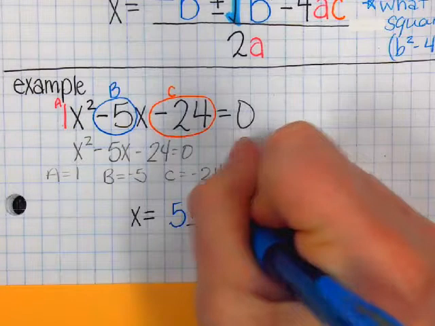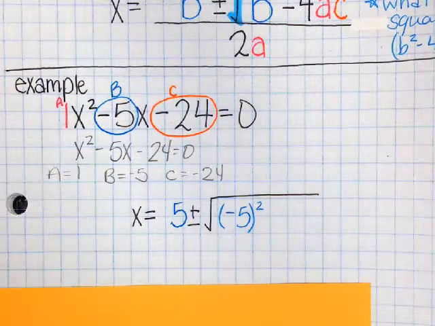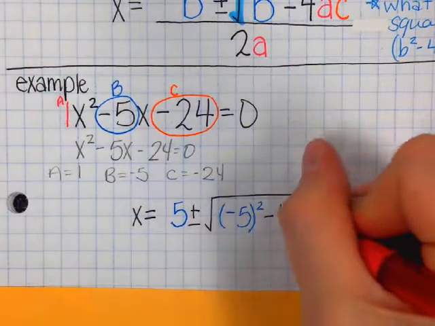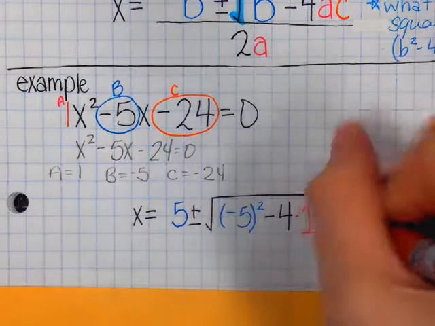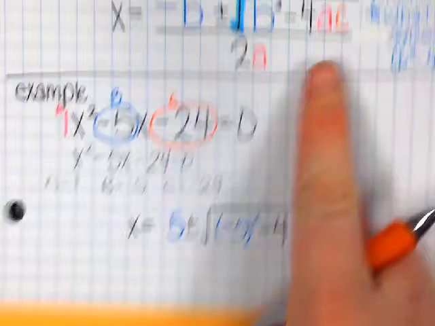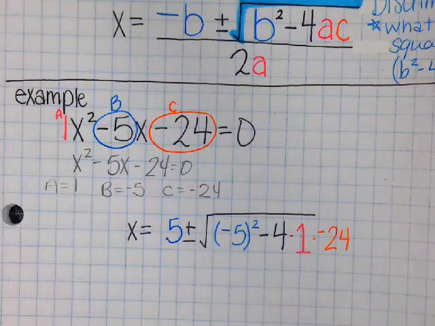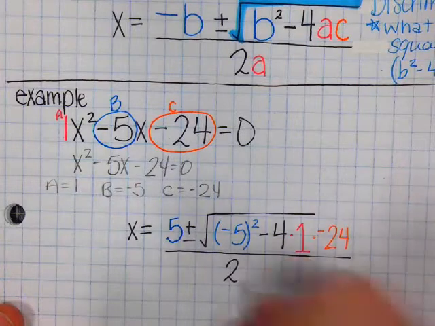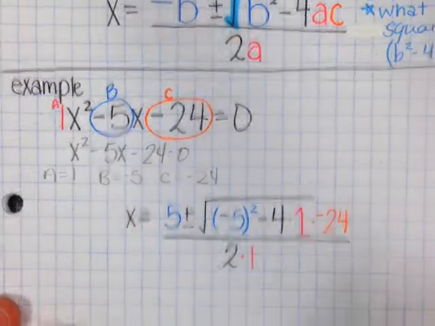Make sure you always put parentheses around it, so it's negative 5 squared, minus 4 times a, which is 1, times c, which is negative 24. I'm just using the equation up here to write this information. And then divided by 2 times a, which is 1.